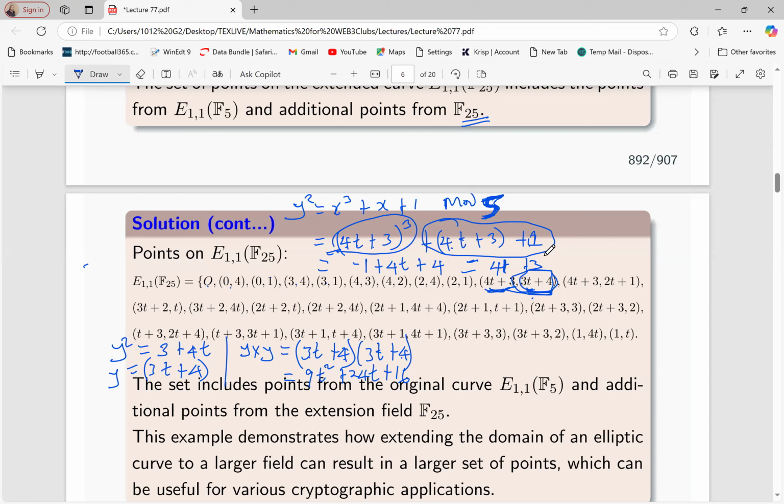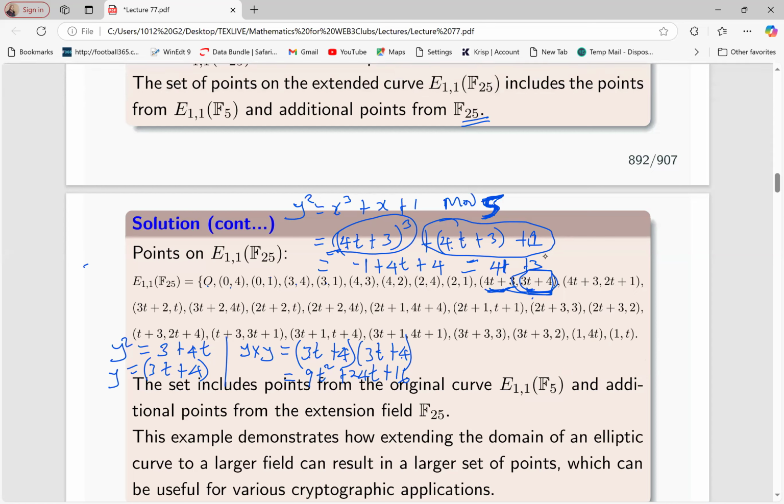Now, of course, 9 is 4. This is 4t squared, but t squared is negative 2. This is 24t mod 5, which is 4t. And then 16 mod 5 will be 1.